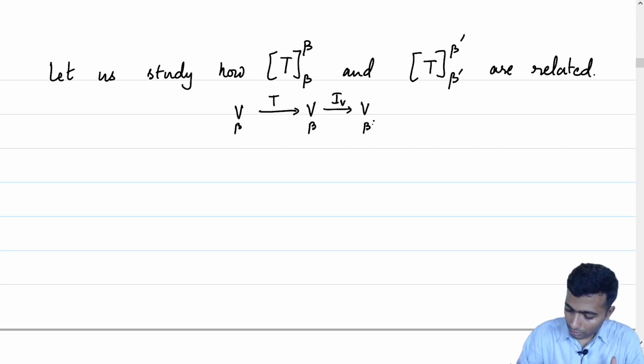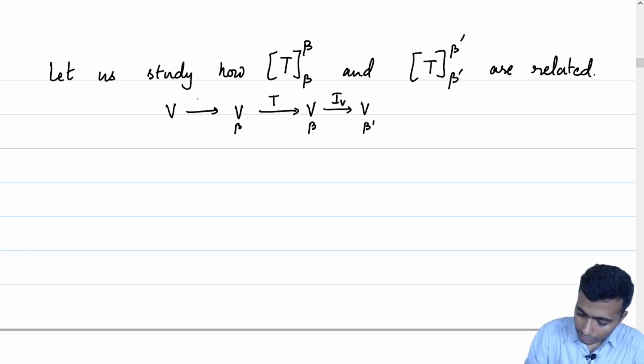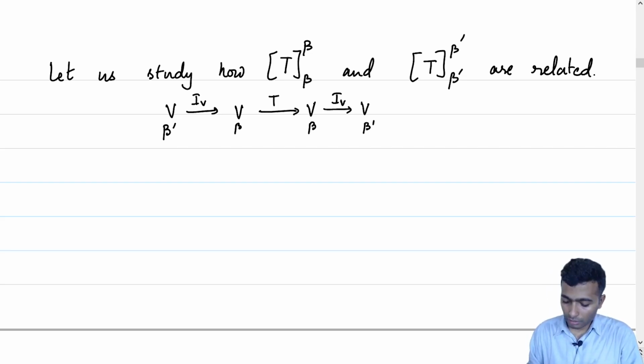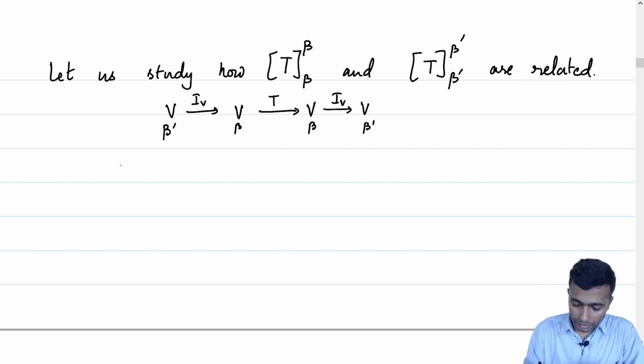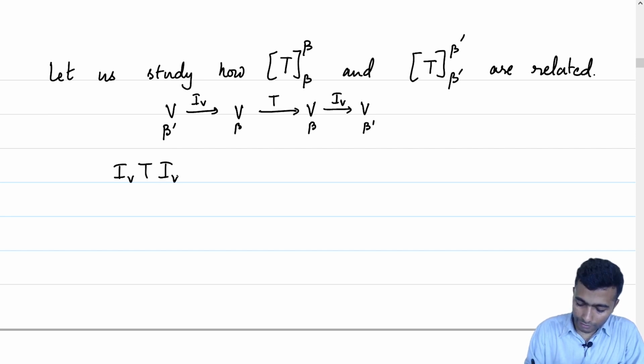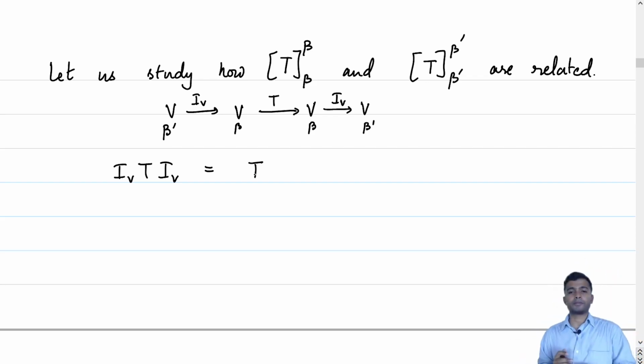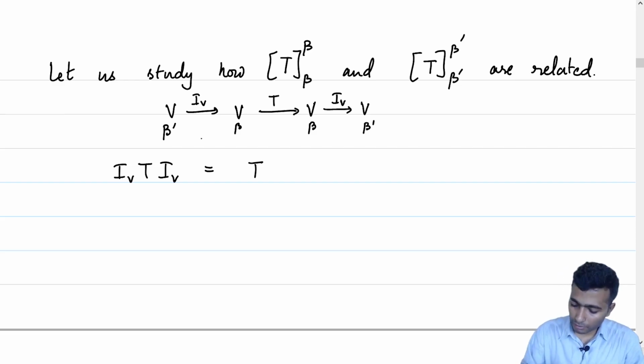However, the range let us consider with respect to beta prime, and here again let's consider the identity with respect to beta prime. So what this chain tells us is that IV T IV is equal to identity composed with T composed with identity. It is nothing but our T, right. So this map is also T.